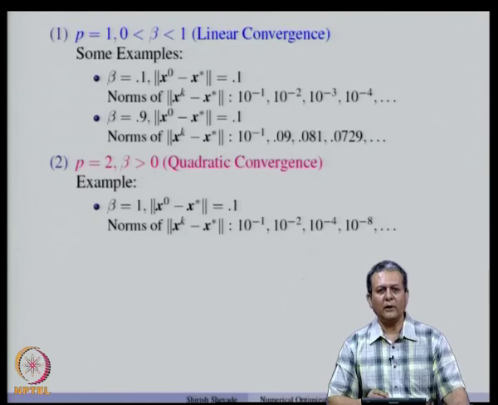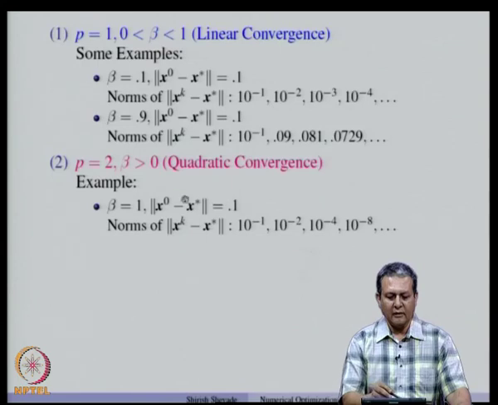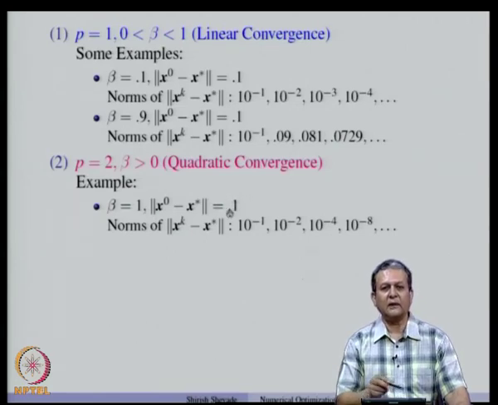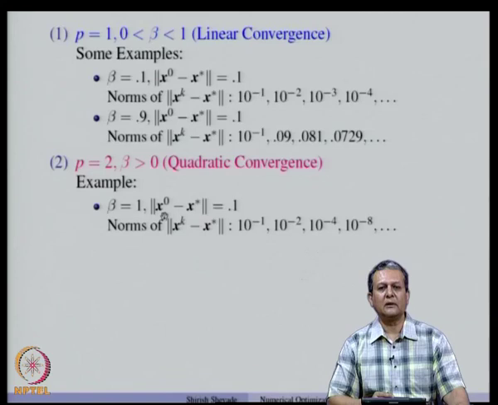Now, the important point to note here is that because beta is any quantity greater than 0, beta can be less than 1 or greater than 1. So, typically this quantity should be less than 1. That means that your x0 should be reasonably close to x star, so that one can achieve faster convergence.